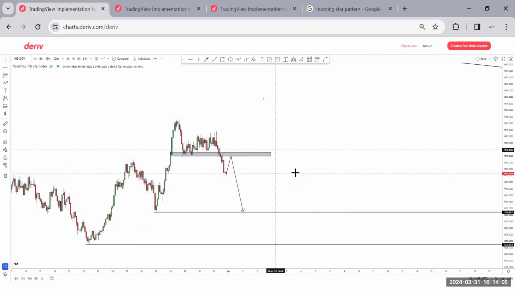Yeah, so we can take this sell as well. So let me take this screenshot and send to the page.